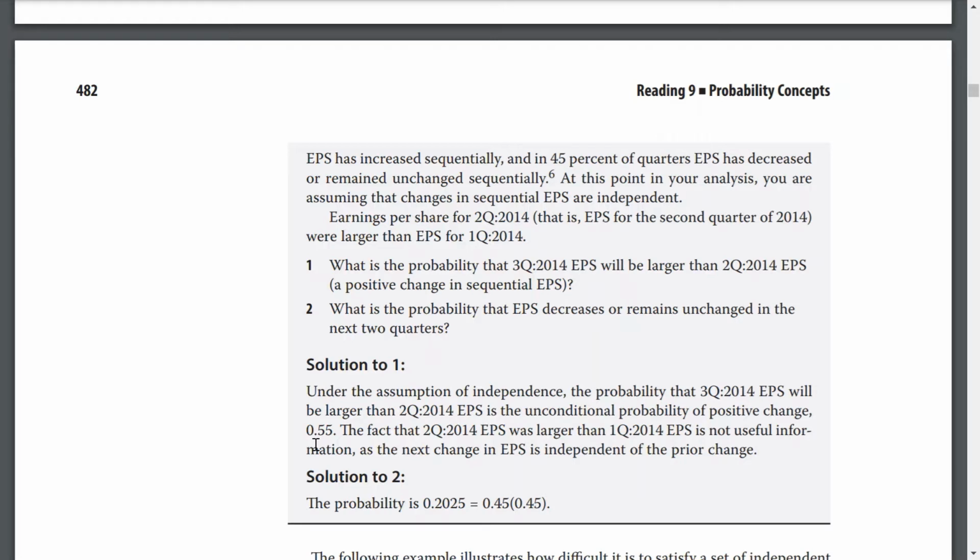At this point in your analysis, you are assuming that changes in sequential EPS are independent. Earnings per share for the second quarter of 2014 were larger than EPS for Q1 2014. What is the probability that 3Q 2014 EPS will be larger than 2Q 2014 EPS?